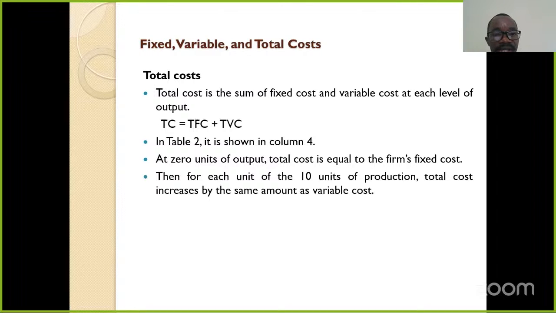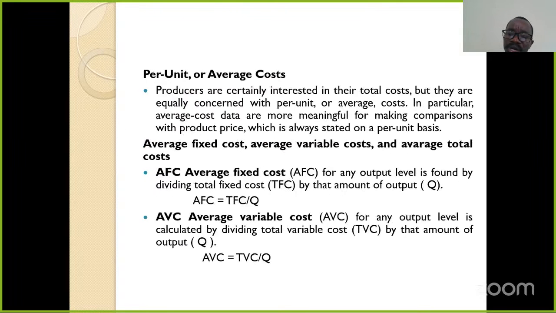This is the calculation I just talked about: to get the total cost in short-run production, you add the total fixed cost and total variable cost. We also have other calculations for the cost. You may want to calculate per unit how much each unit costs you to produce.